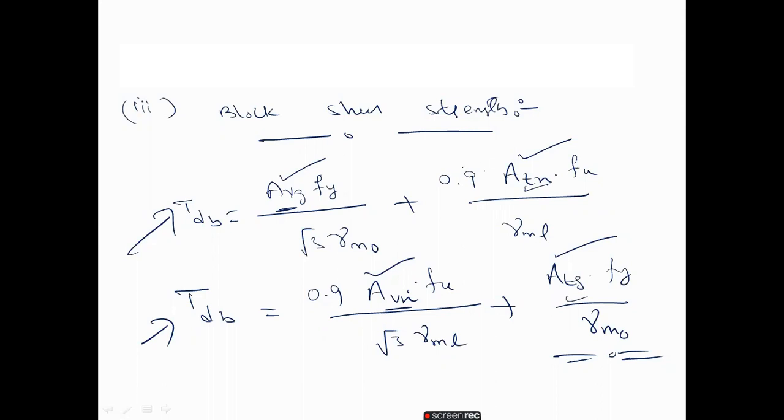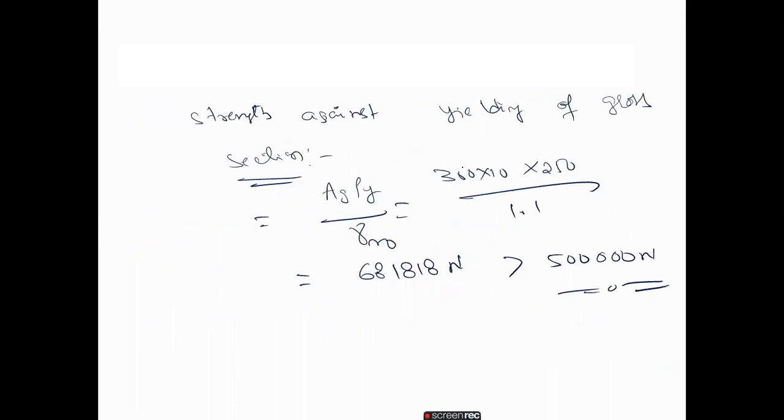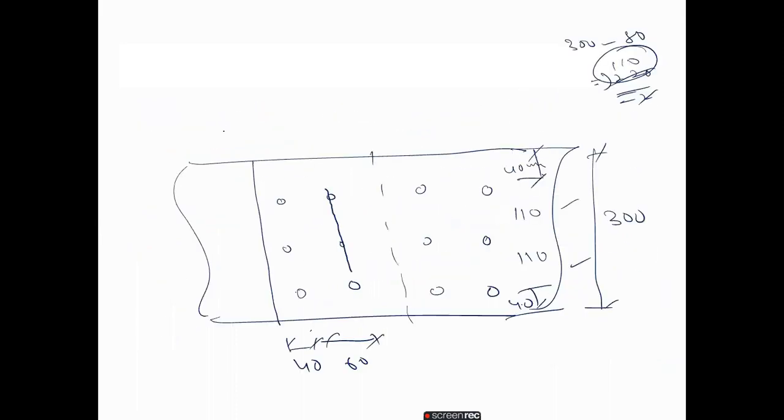Now I will show the diagram, to see how the tension portion and also the shear portion will happen. If I take this as 1, 2, this one is 3, this one is 4 and a 5. If you observe here, the block shear will happen along 1, 2, 3, or otherwise 1, 2, 4, 5.